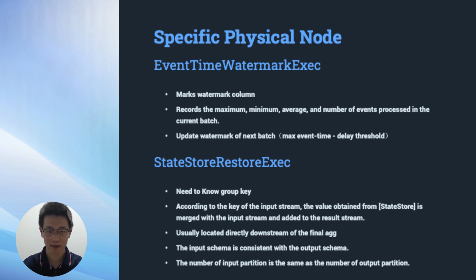After retrieving this data, it combines records with the same key. The key thing to note is that it usually occurs after the partial merge operator. Its output and input schema remain unchanged. It doesn't alter the data types. Its operation is relatively straightforward. It's all about retrieving data from state storage and removing expired or outdated information.